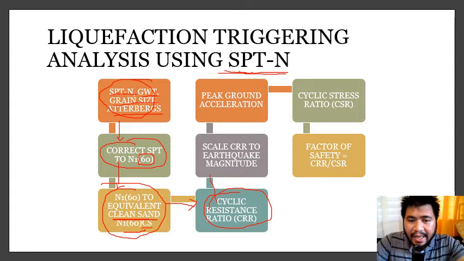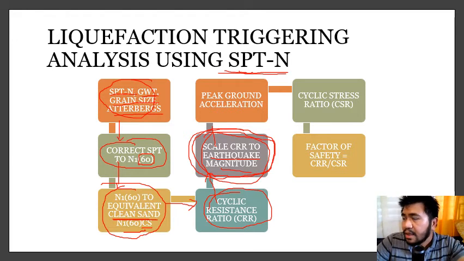And then we scale or correct again the CRR to the appropriate earthquake magnitude, because the default CRR is actually calibrated for earthquakes of magnitude 7.5. And then the next step is to obtain the peak ground acceleration.